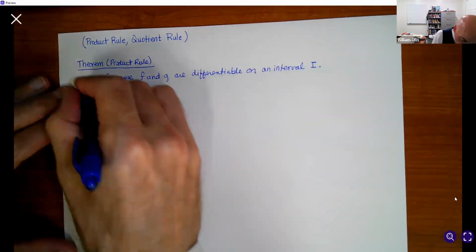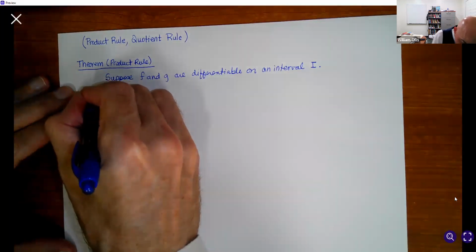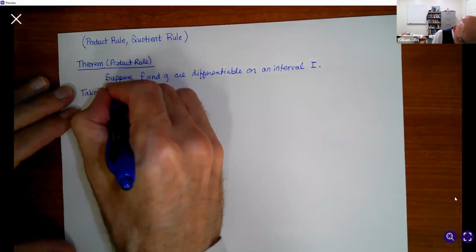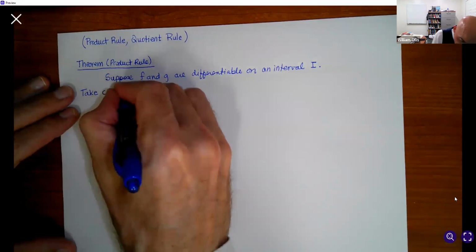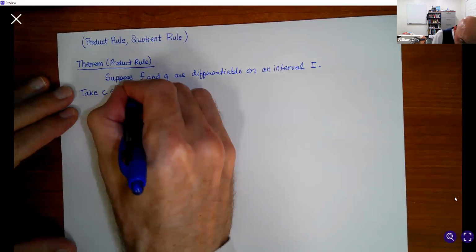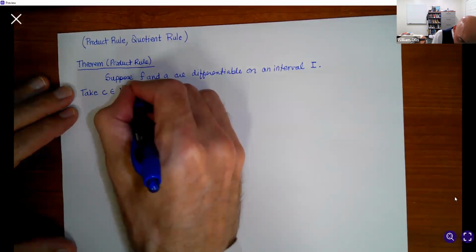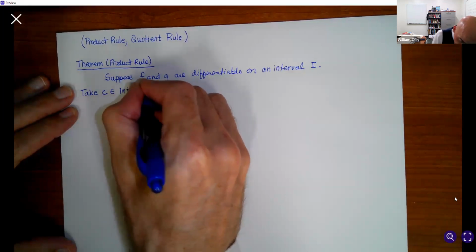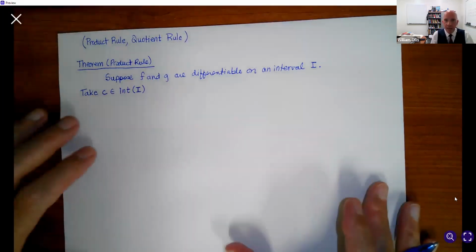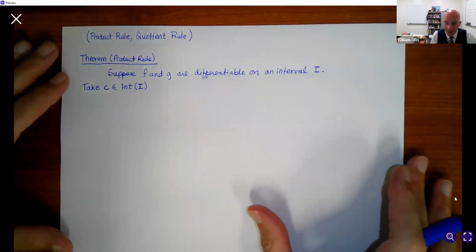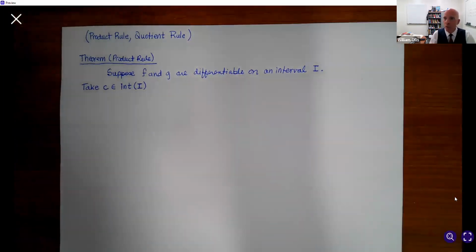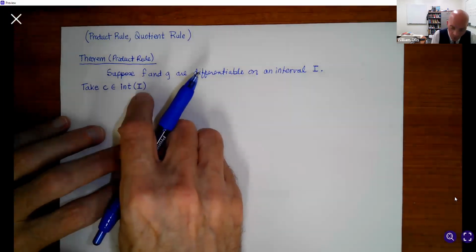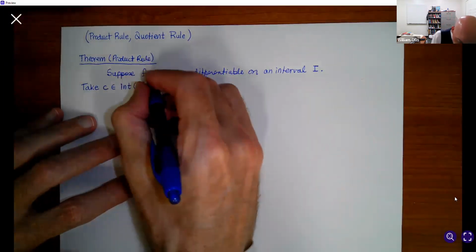And now what we want to do is take c in the interior. So I'm going to say c is an element of int I, for interior of I. So basically, we don't want to start with an endpoint. We know what a left and right derivative is, but we want to take a point that we find in the interior away from the endpoint. So that's why we say int of I. So c is not an endpoint.